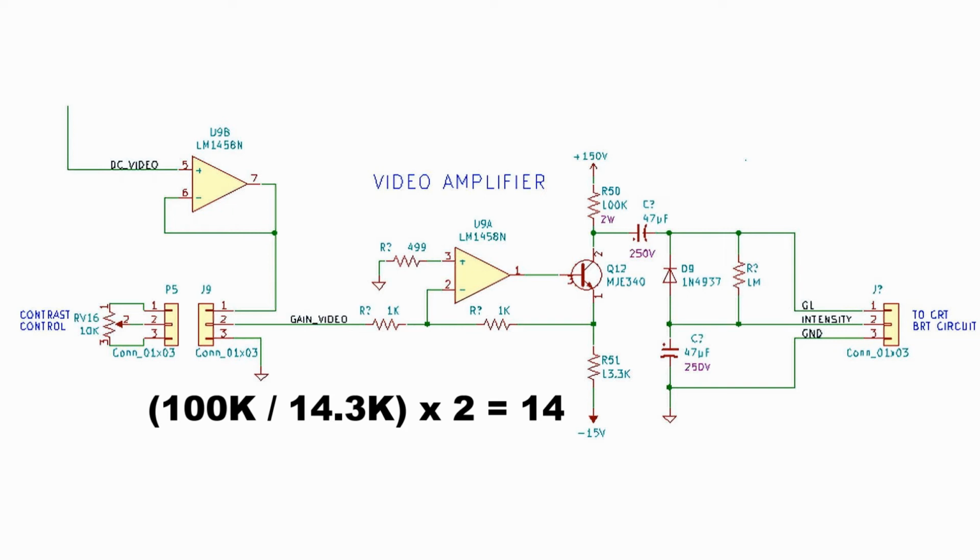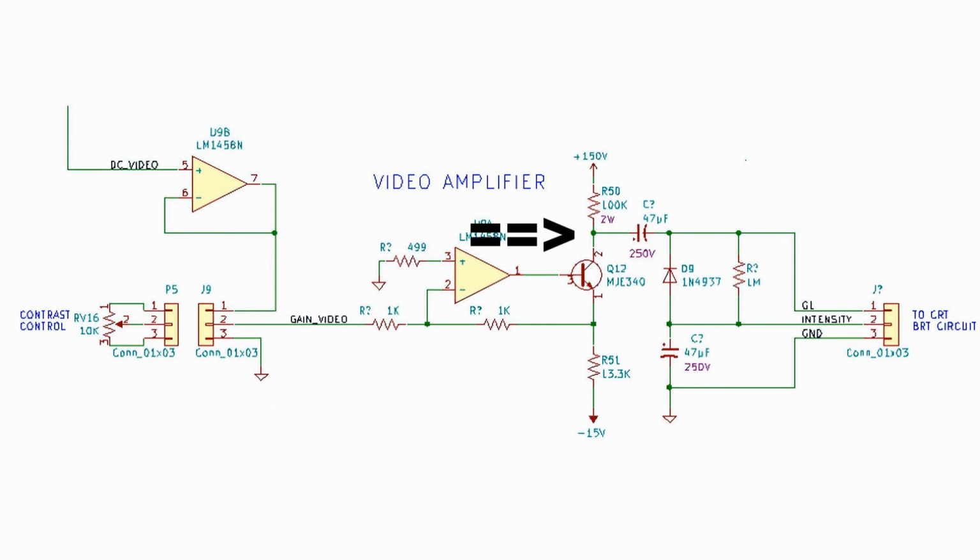That voltage, now our amplified video signal, which is now a dozen to a couple of dozen volts, is AC coupled to G1, the control grid of the cathode ray tube. You'll note the intensity control DC voltage is fed back from the scope module through the 3-pin connector and is stored on a 47 microfarad 250 volt capacitor.